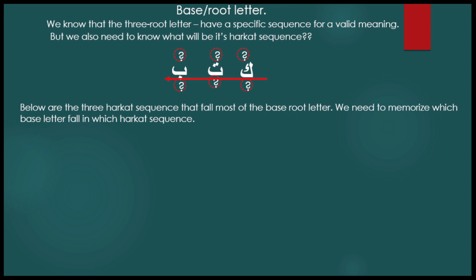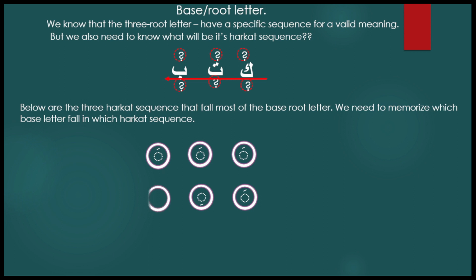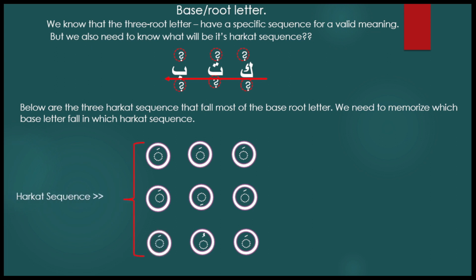There are a few sequences of harkat as well. It could be all fatha: Kaf can take fatha, Ta can take fatha, and Ba can take fatha. Fatha, fatha, fatha. Or it could be fatha, kasra, fatha. Or it could be fatha, dhamma, fatha. These are the three harkat sequences.